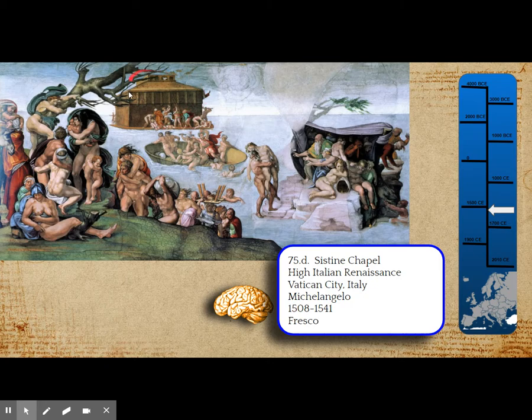So here's Noah's family on the ark. People are fleeing to high ground, trying not to die in the flood. You can see again that musculature, that weight, that sculpted heaviness of these figures, that power. They're idealized, they're superhuman.